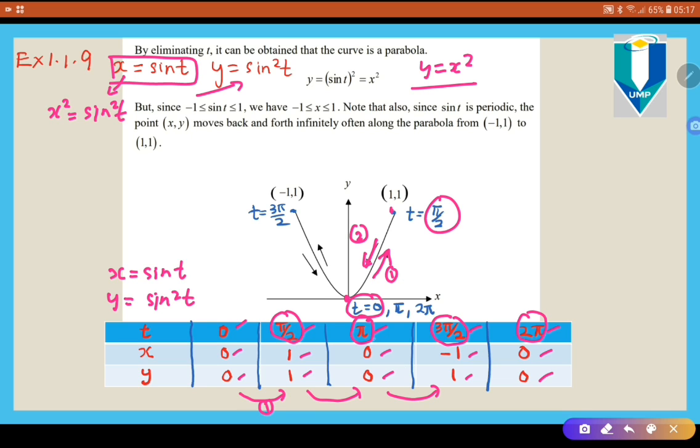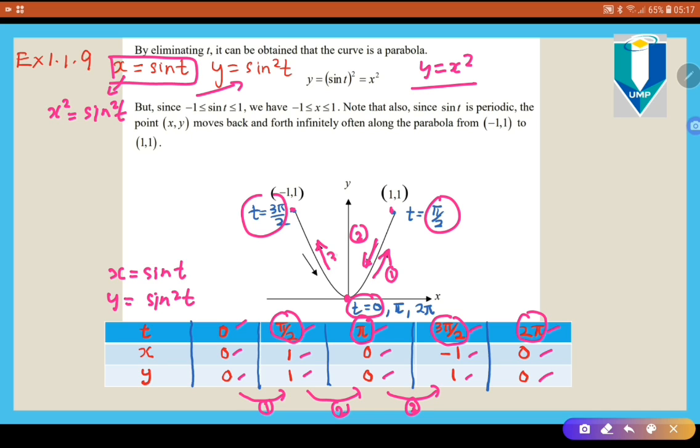And from t equals pi to 3 pi over 2, the point goes from 0, 0 until negative 1, 1. So then the arrow is going this way, in the direction of increasing t.